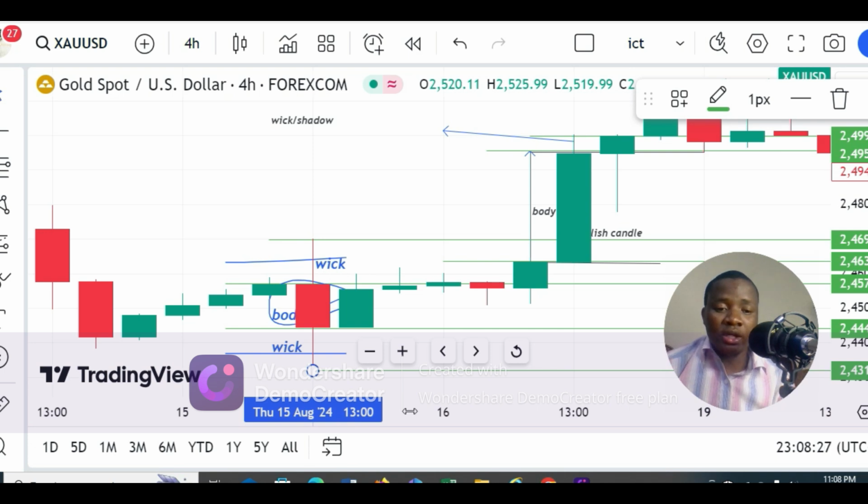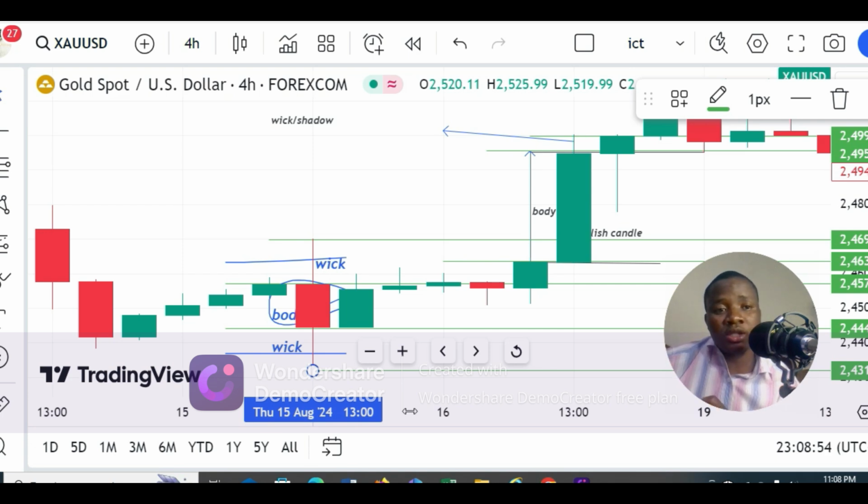It shows where price reached on the higher side and on the lower side. It shows the trending activity that was happening at that time. It shows that there was a lot of struggle between buyers and sellers. They were all selling and buying. There was that pull and push in the market. But at the end of the day, the sellers won, and that's why price closed lower than the opening point.